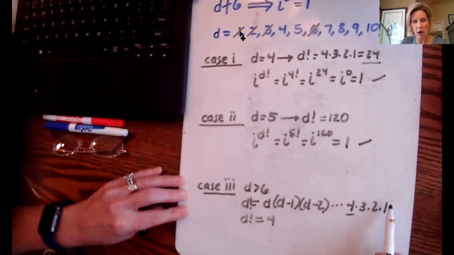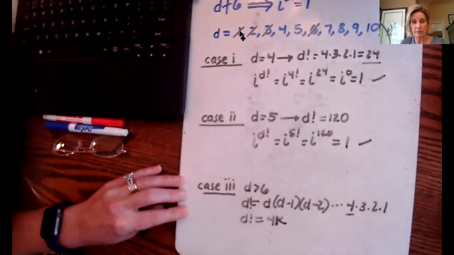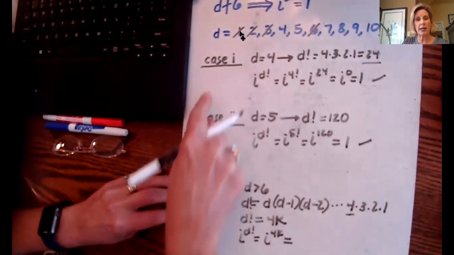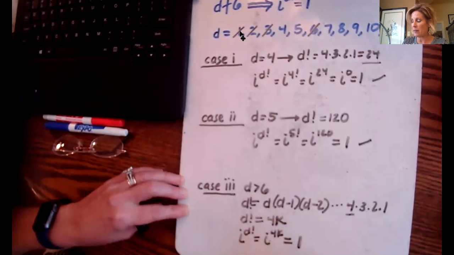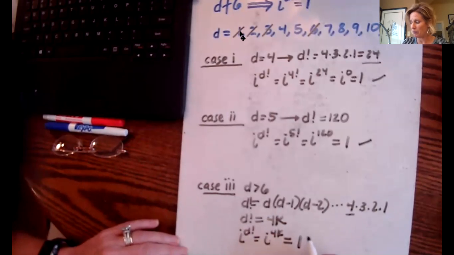Well, the product of several integers is still an integer. So let's call that integer k. That means i to the d factorial equals i to the 4k power. And just like we said with cases 1 and 2, 4k is a multiple of 4. That means i to that power must be 1.